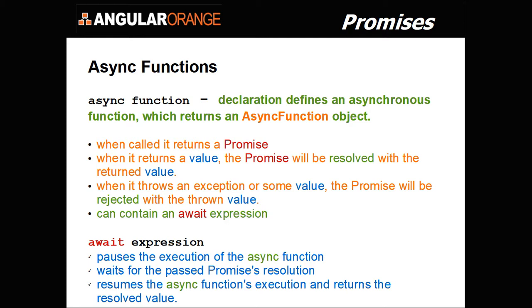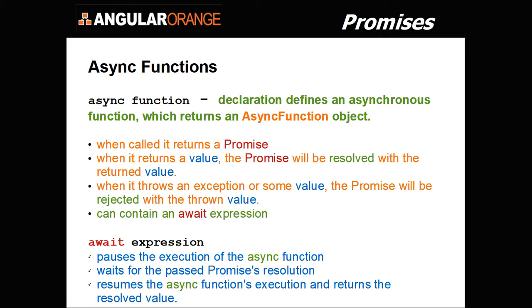Okay, so let's get back to promises. So you have this async function, and it returns a promise, and it's sort of similar to what we just discussed. But the important thing to use is this await expression. This thing pauses the execution of the async function, waits for the passed promise's resolution, and then resumes the execution.